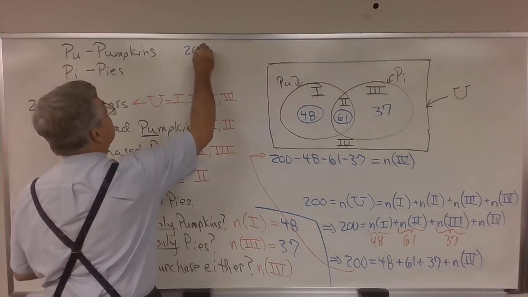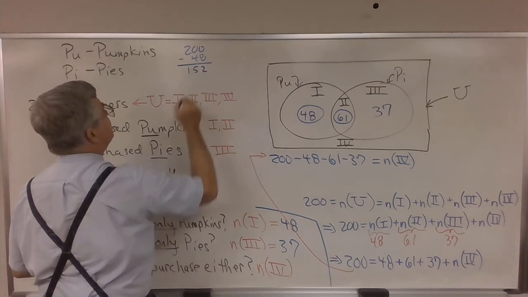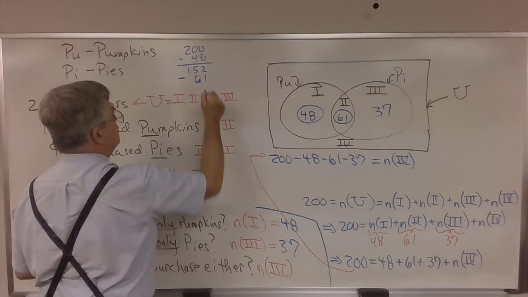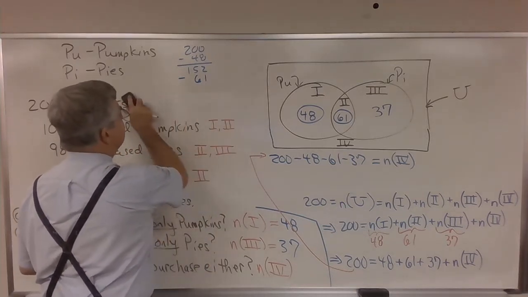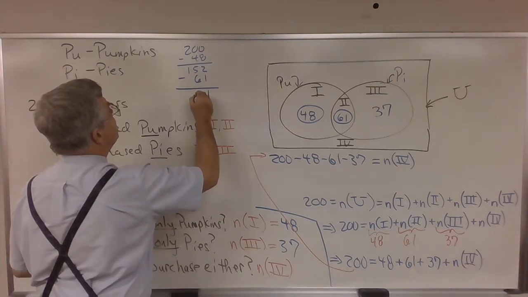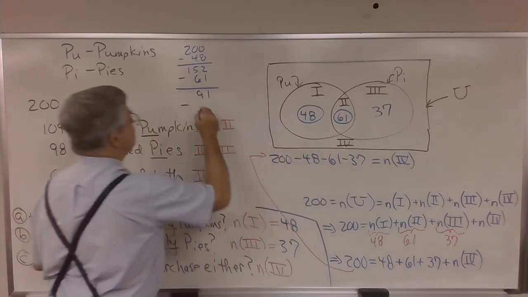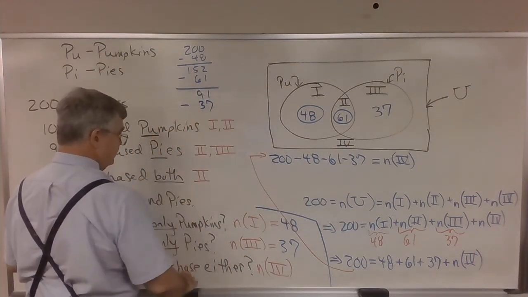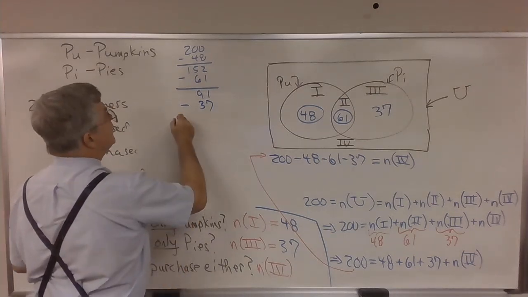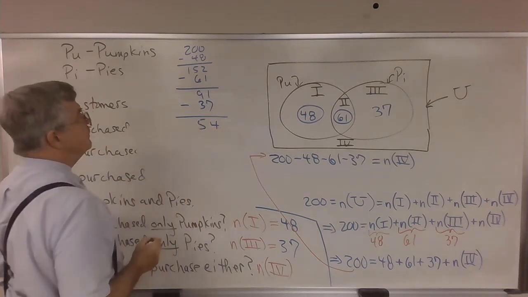Okay, 200 minus 48 is 152. And we've got to subtract 61. So that's 91. And then we've got to subtract 37. Which is, let's see, 54.